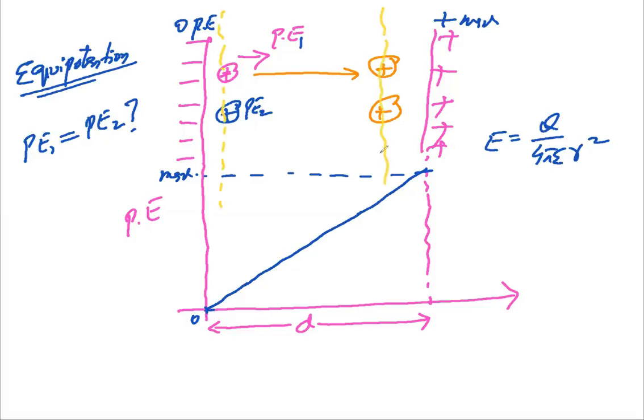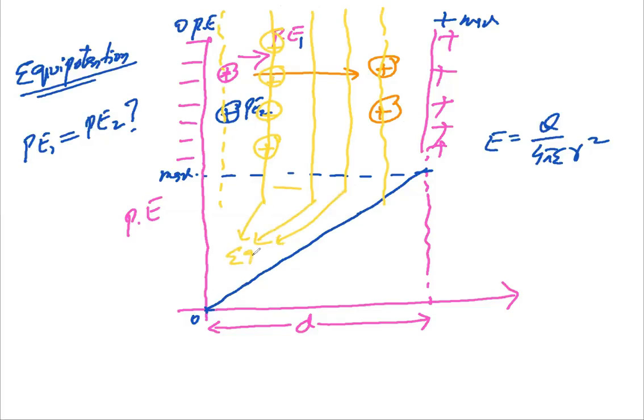On these lines, if you place your charges, then the potential energy of this charge will be equal to the potential energy of this charge, and that should be equal to potential energy of this charge. So you can say that these are my equipotential lines. Okay, so these are the equipotential lines.